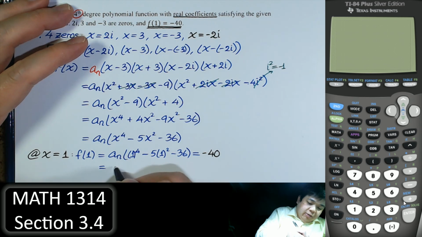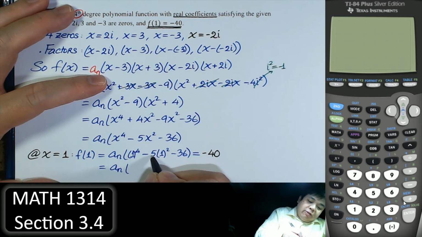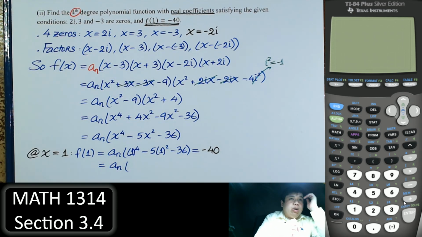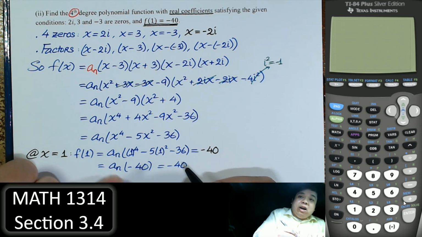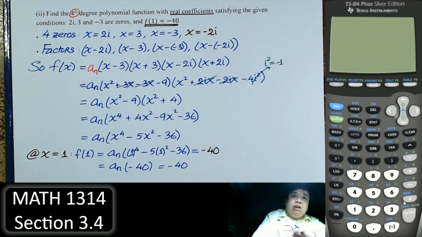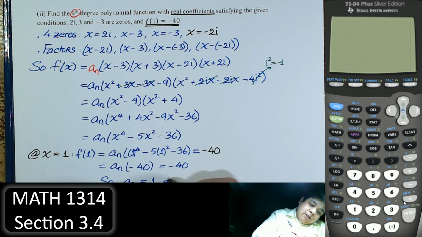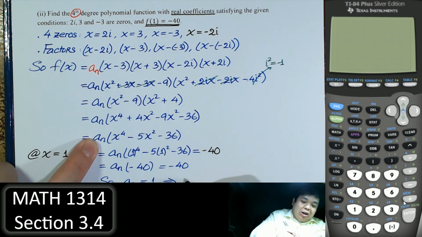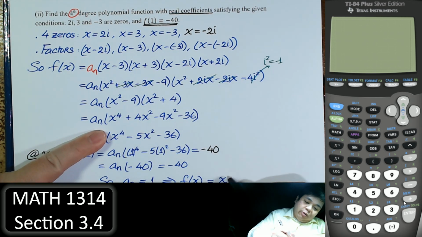So we have a sub n times 1 minus 5 minus 36, which is minus 41 plus 1, is minus 40. So a sub n times negative 40 equals negative 40, the negative 40s cancel out. So a sub n is equal to 1. So the polynomial is just going to be x to the 4th minus 5x squared minus 36.